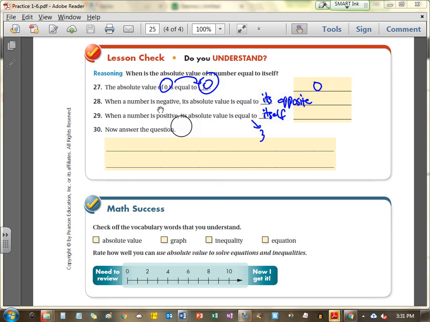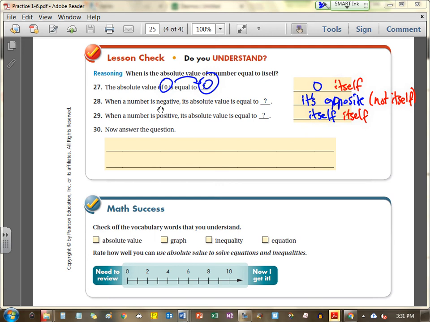So it's equal to itself. And then now we can answer the question. Oh, I realize now we should have written its opposite right here. And itself right here. So this one is itself, and this one is itself, but this one is not itself.